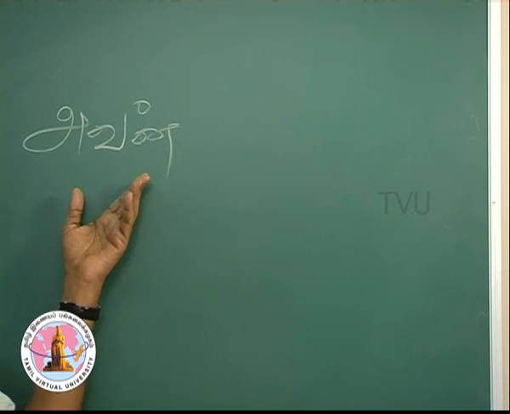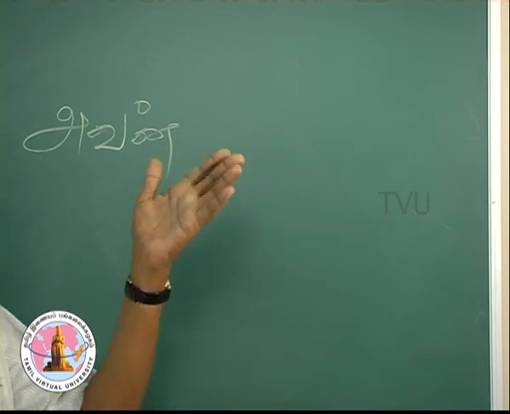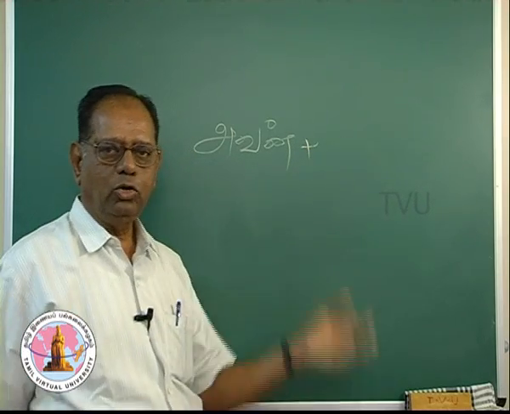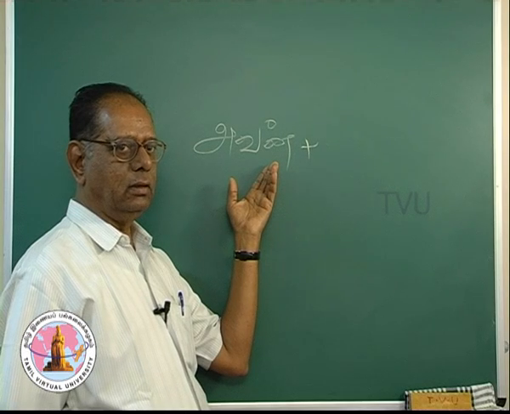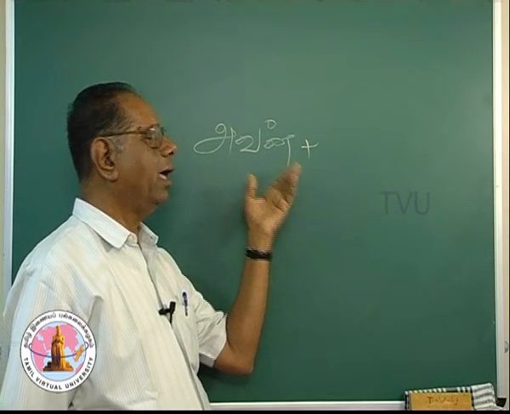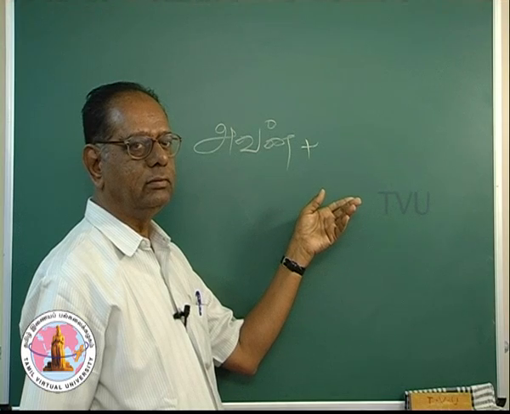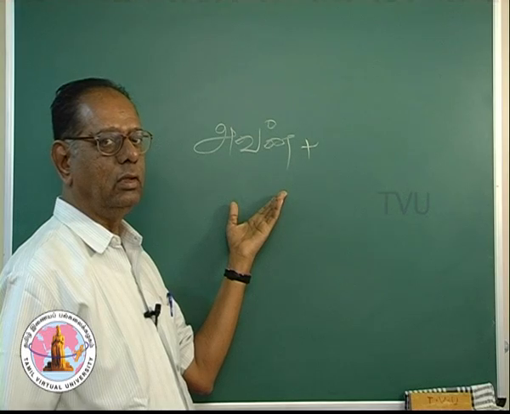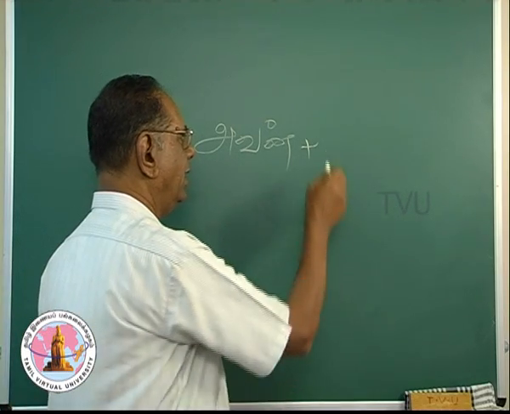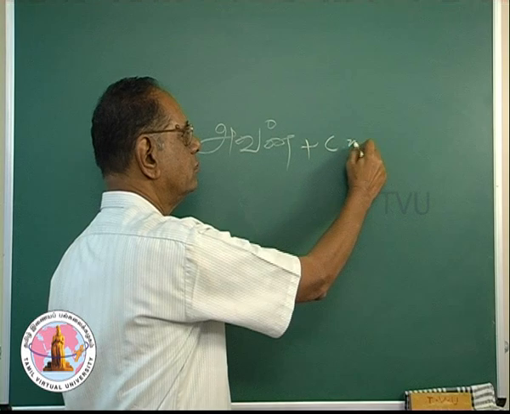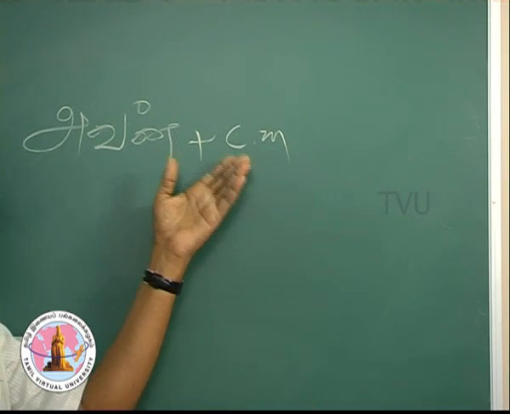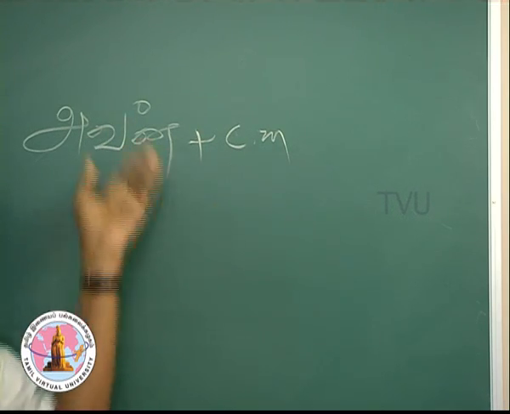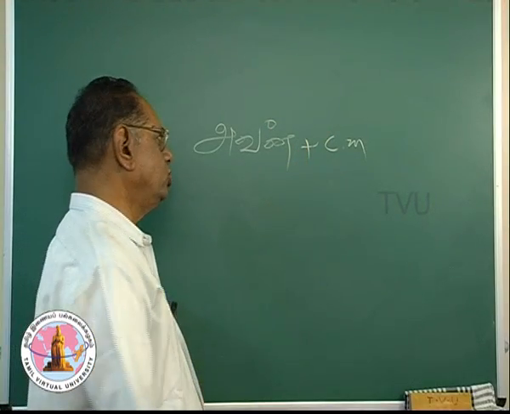You know the word. I start with the simplest word possible. I want to make it an object of a verb. So, what should I do? I must put a case marker here and the case marker has to be added to this and it has to undergo that particular change.